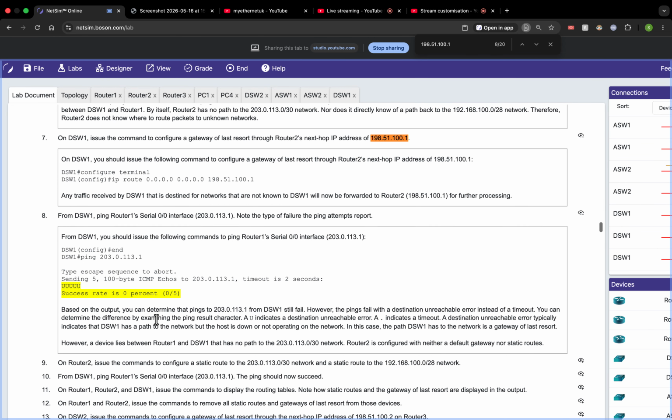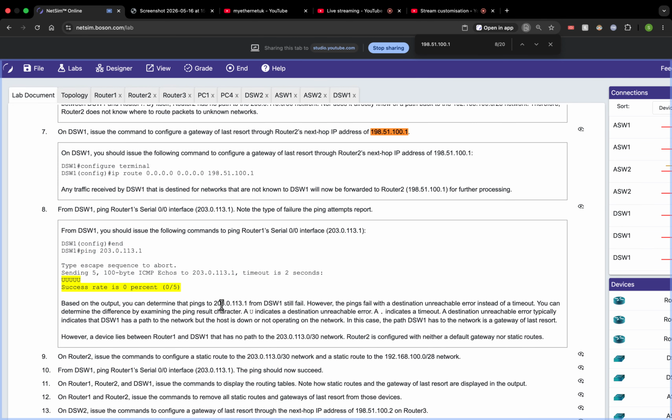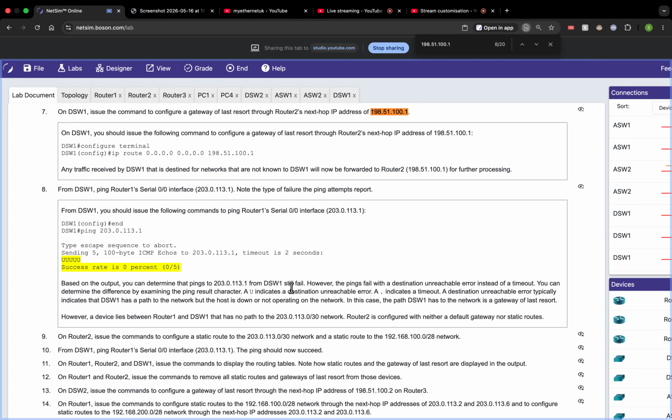Now from DSW1, ping router 1's 00 interface. Note the type of failure the ping reports. We're going to ping router 1's 00 interface from DSW1.